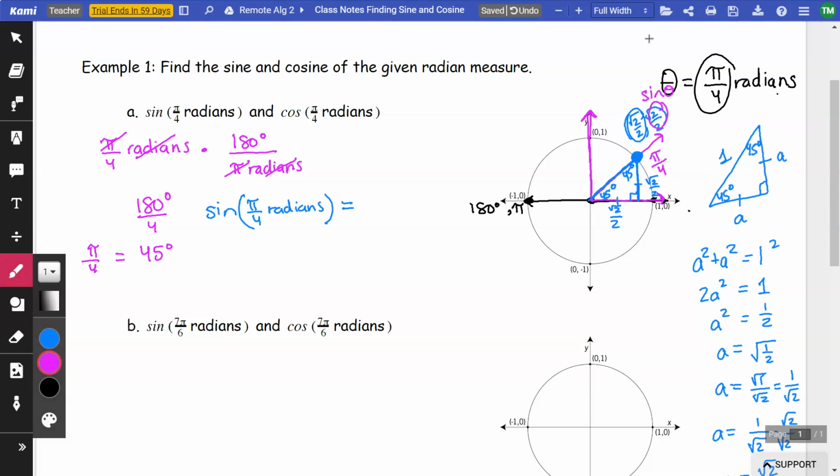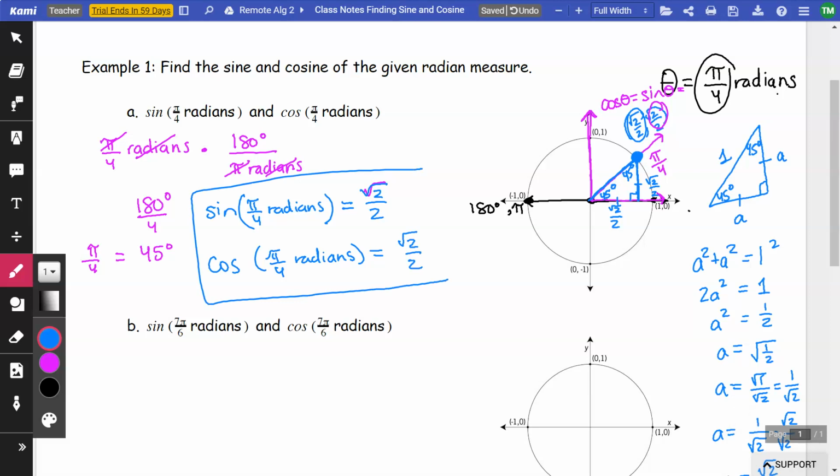The sine of the angle is equal to the y value, and the cosine of the angle is equal to the x value. So the sine is equal to the y value, which is root 2 over 2. And then the cosine of the angle, pi over 4 radians, is equal to the x value of the point, which is also root 2 over 2. So we just found the sine and the cosine of pi over 4. They're both equal to root 2 over 2.